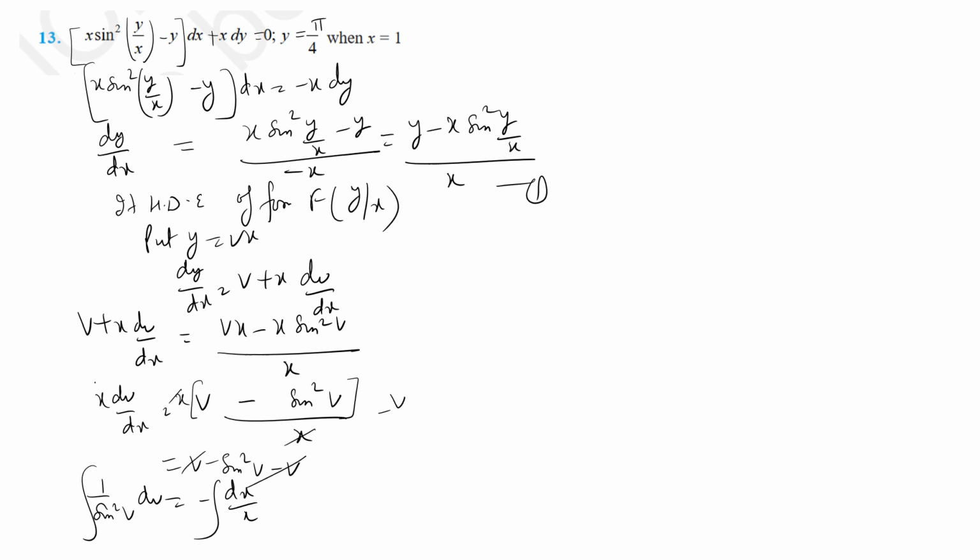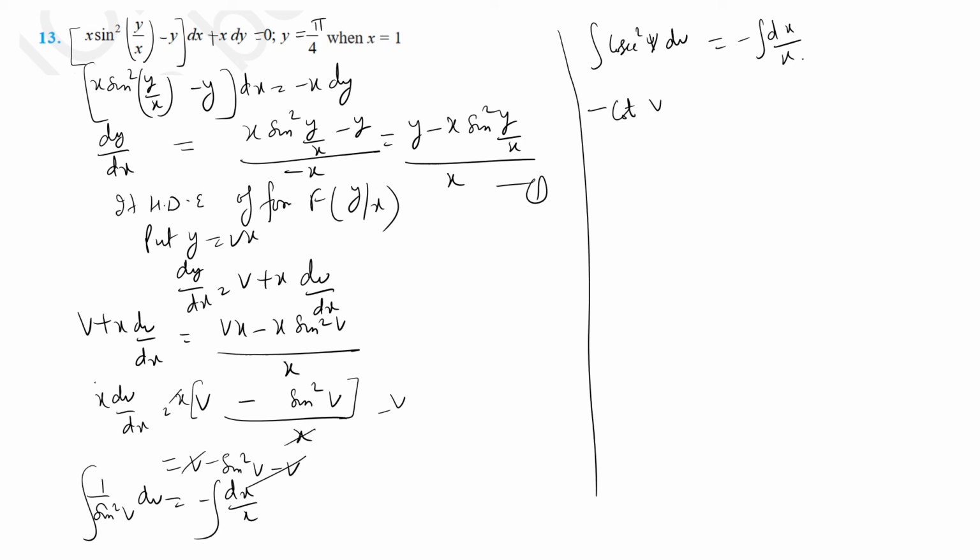Now for integrating, 1 upon sine square v can be written as cosec square v dv, and this is minus dx upon x. So it becomes minus cot v is equal to minus log mod x plus c. So log mod x minus cot v is equal to c.